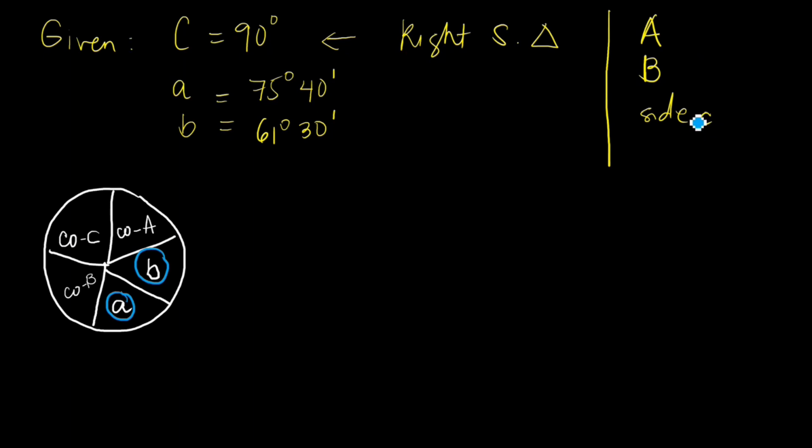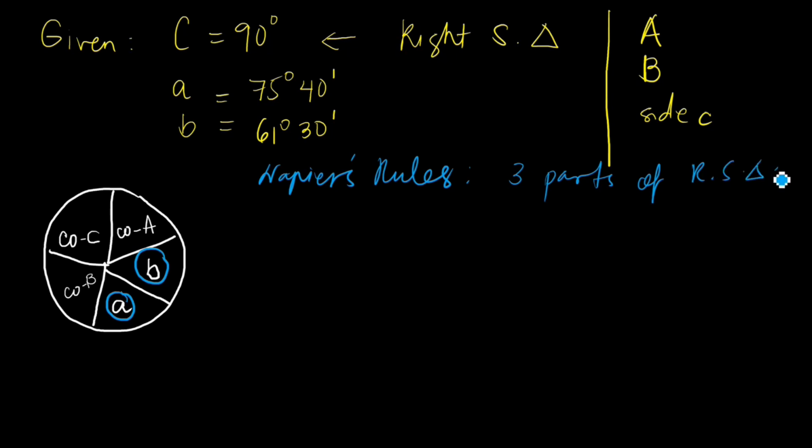So remember that when you make use of Napier's rule, there should be 3 parts of a right spherical triangle.